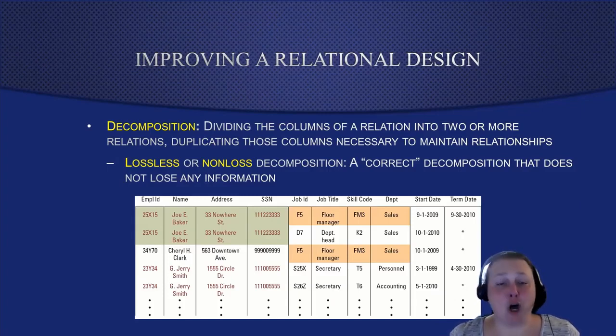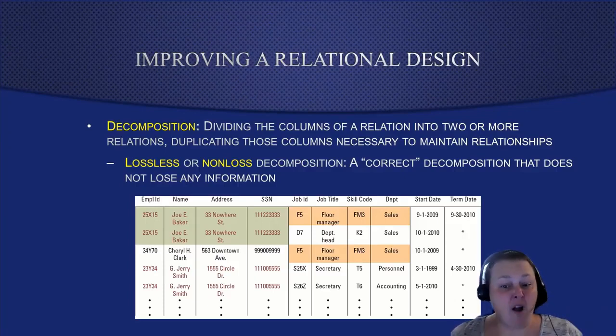Now, a lossless or non-loss decomposition is basically a decomposition in which you don't lose any information. The whole point of decomposition is not to lose information, right? What you're trying to do is remove the redundancy. So again, if you look at this graphic, in the blue, you have a duplication of Joe E. Baker.